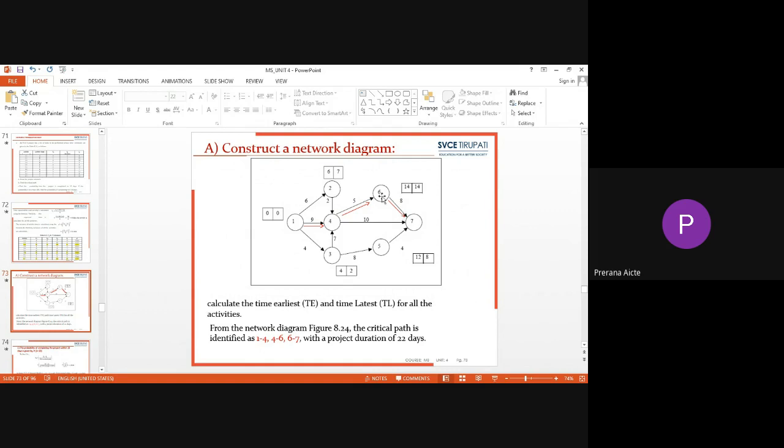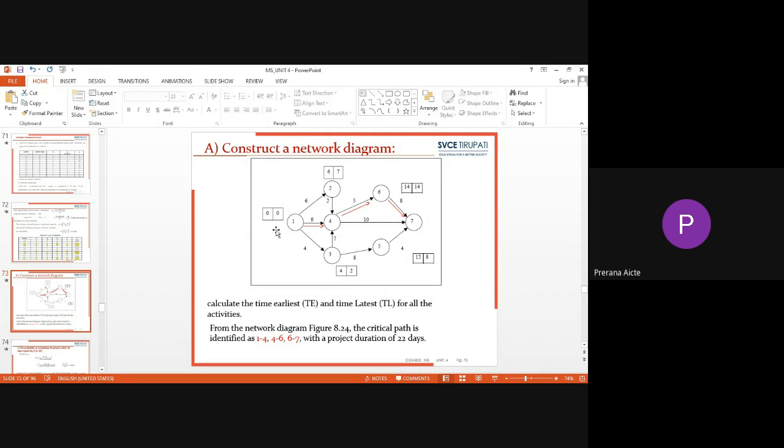And there is another activity, 6-7, and also 4-7 and 5-7 are the other activities which will be at the end of the network. So here this 7 node is a unique node, which is also called the ending node of the whole project. In this way, the project network construction has to be done.